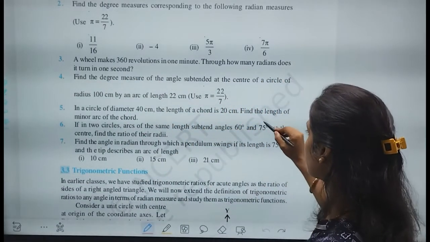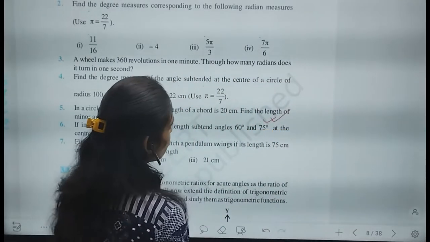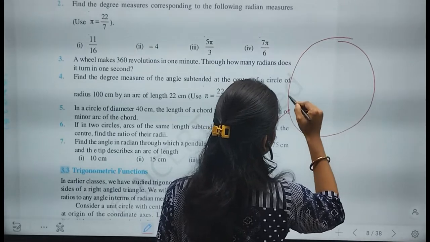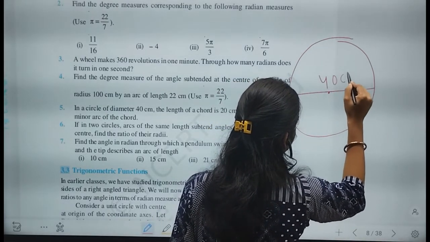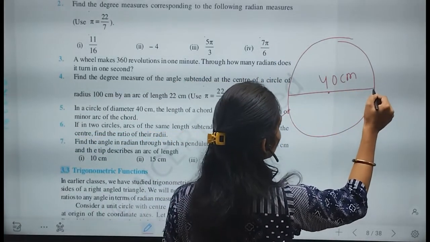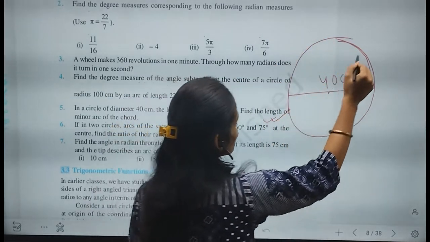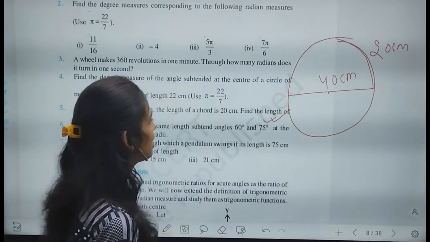The question is saying that in a circle, the diameter is 40, like this is the circle, diameter is 40. The length of the chord is 20.